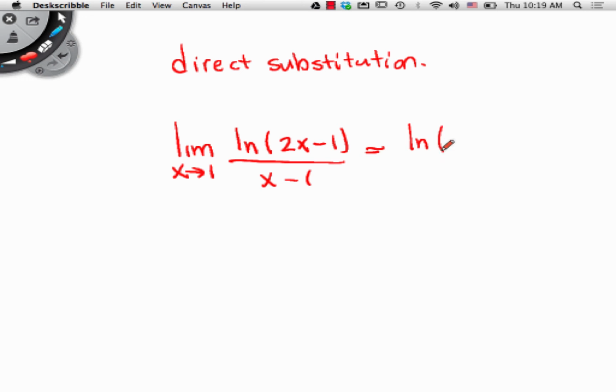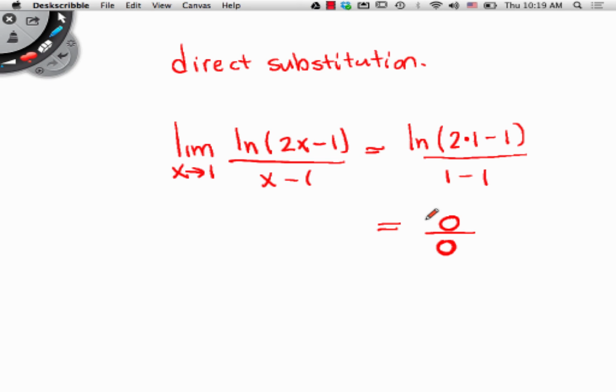So this becomes the natural logarithm of 2 times 1 minus 1 over 1 minus 1. Well, wait a minute. 2 times 1 is what? 2. 2 minus 1? Natural log of 1? 0 over 1 minus 1? That's your special undefined number called a what?